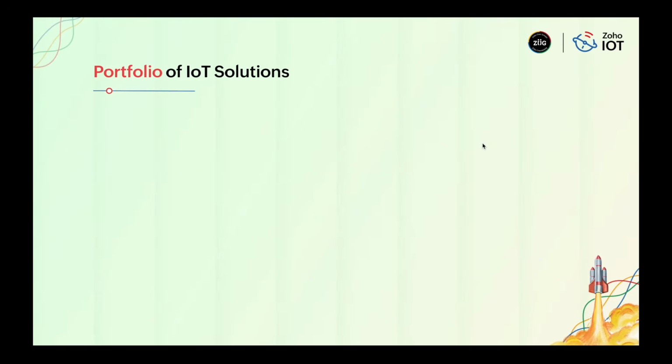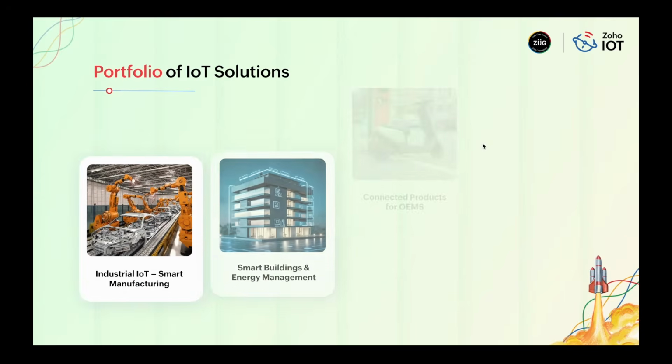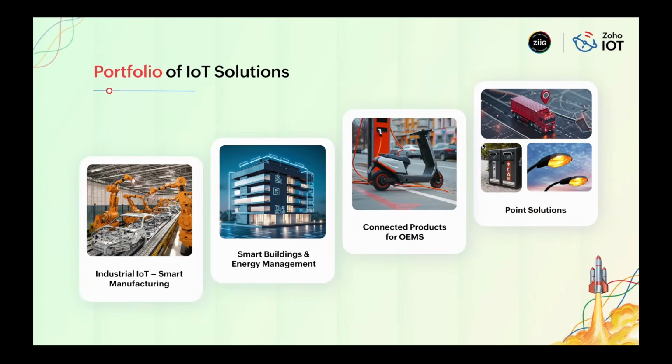These are all the portfolio of IoT solutions that we are focusing on. Number 1 is industrial IoT for smart manufacturing. Number 2 is smart buildings and energy management, where we provide a unified operation and maintenance suite.